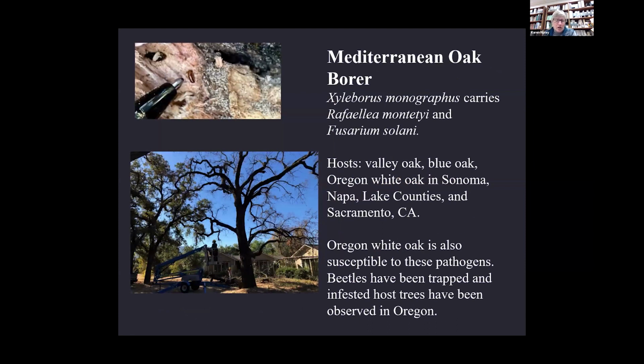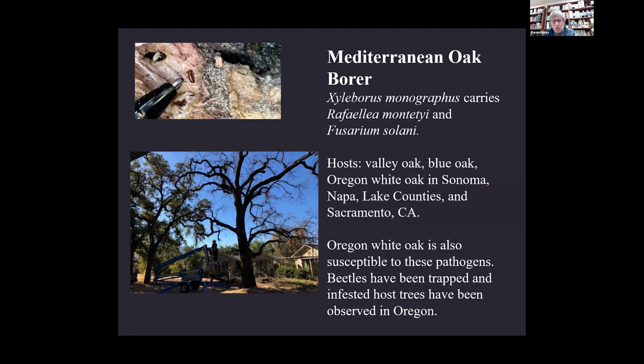The Mediterranean oak borer has a beetle in the same genus. Xyloborus monographus is the beetle, and it carries several fungi, but the two most serious pathogens are Raffaelea montetyi and Fusarium solani.